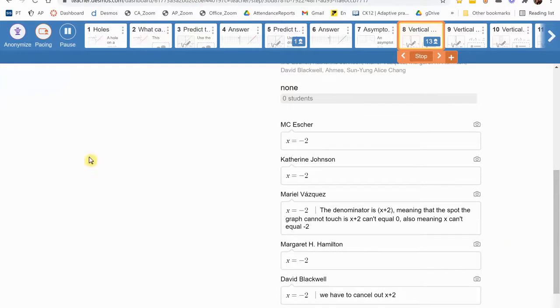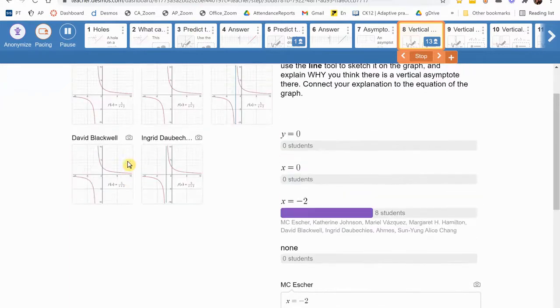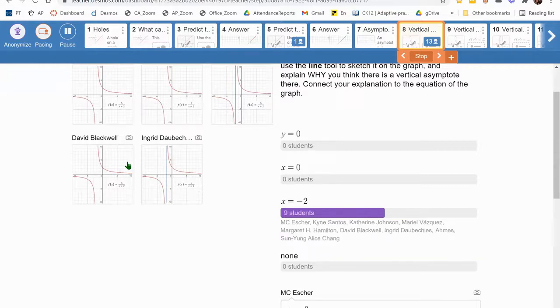I mean, I know you visually found it, but did you look at the equation? If you haven't, look at the equation, because there's a big clue sitting right there. Think about what we learned with holes and what we learned with domains, and how can you explain the location of this asymptote?